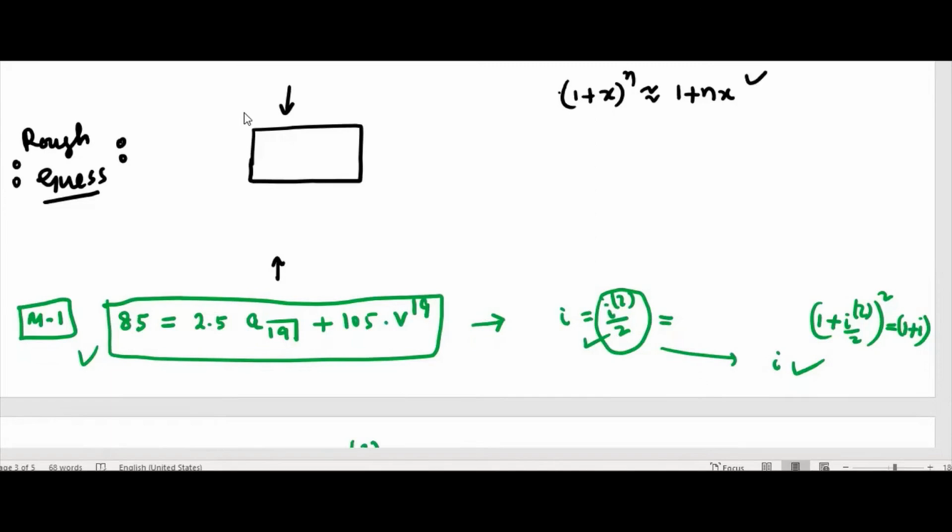Here a angle 19, that will be (1 minus v^19) divided by i. This is also v to the power 19. That is equal to 85. 2.5 is here.